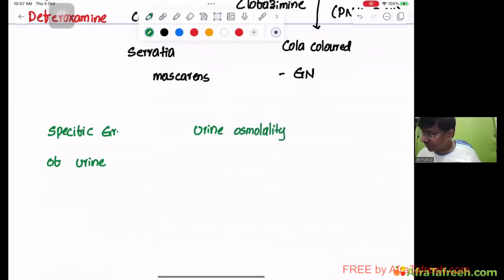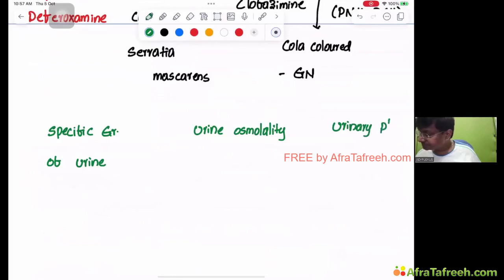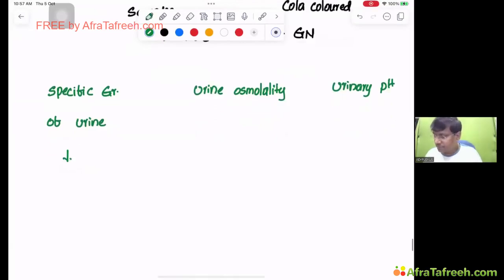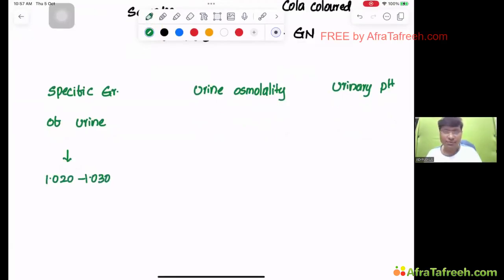Then how much is the urinary pH? Right? So if you see this, the normal specific gravity of the urine is around 1.020 to 1.030.